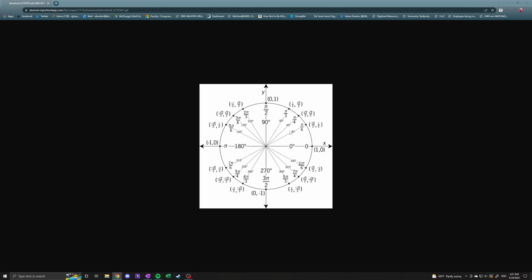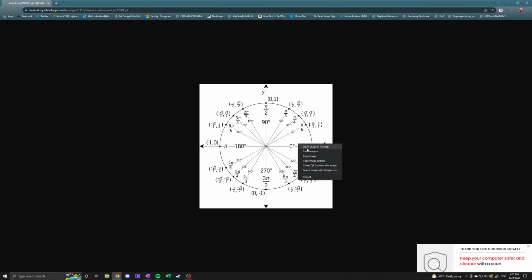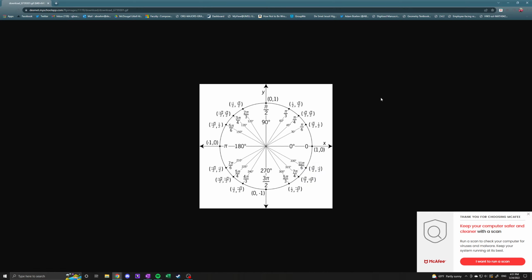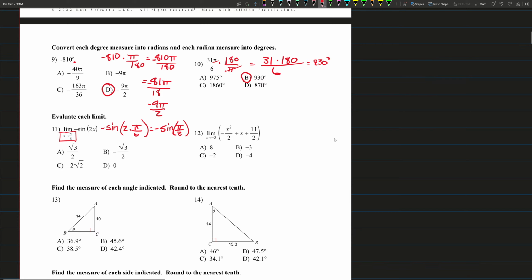So pi over 3, try and zoom in a little bit. Pi over 3, that's up here, right? We're looking for the y value, which is just rad 3 over 2. So this is going to be negative rad 3 over 2. That's our answer. So again, that's where I'm going to be requiring you to know the unit circle a little bit.